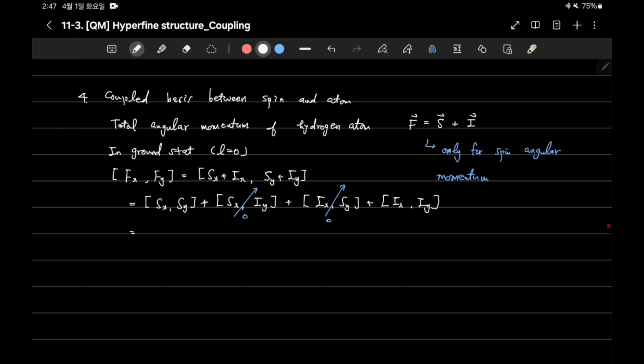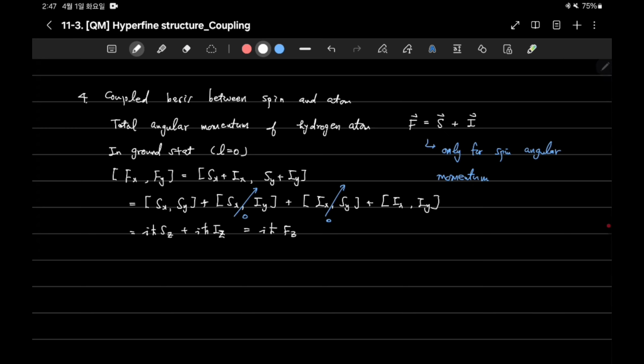And also here it is i h bar Sz plus i h bar Iz, so it is i h bar Fz.